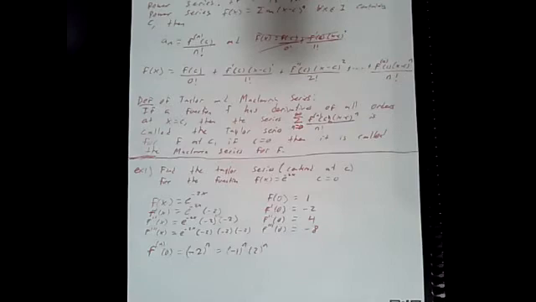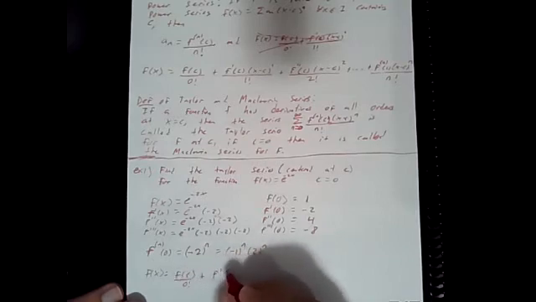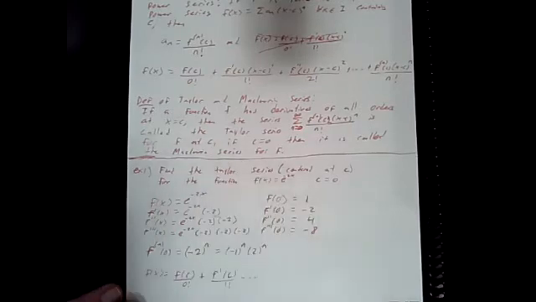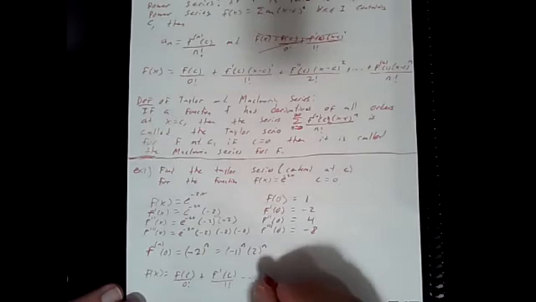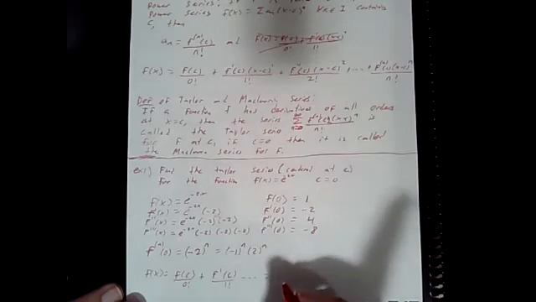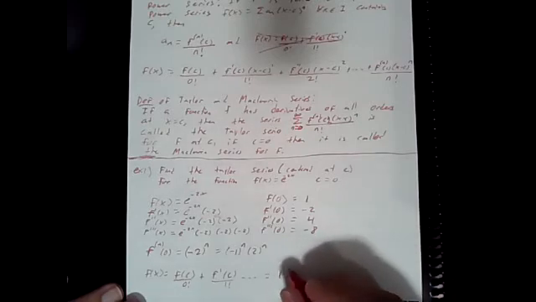So the formula says that f of x would be equal to f at c over 0 factorial plus f prime at c over 1 factorial, right? Wouldn't it be n factorial?